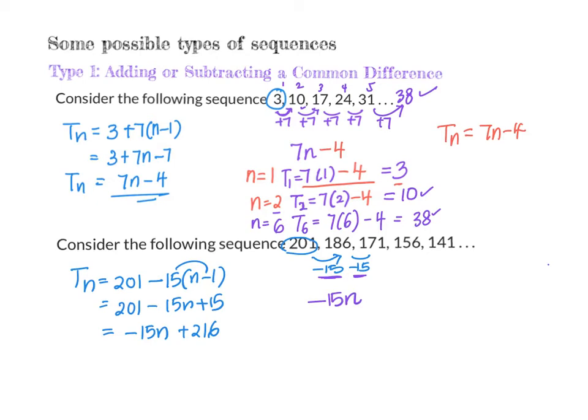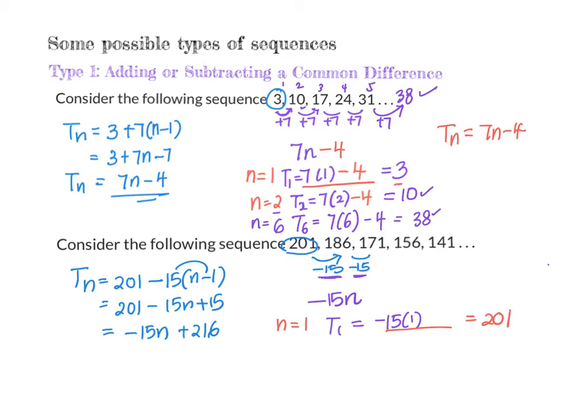Now let's check. When n equals 1, if I have the formula to be term 1, negative 15 times 1, what do I need to do to it in order to get the number 201?